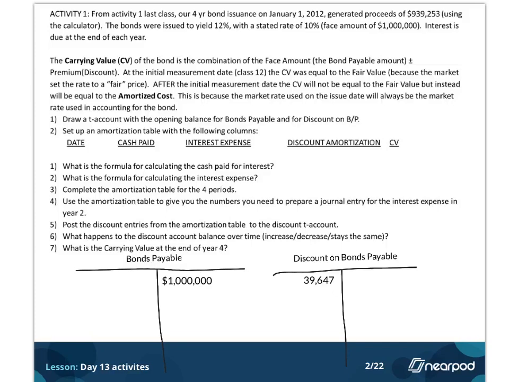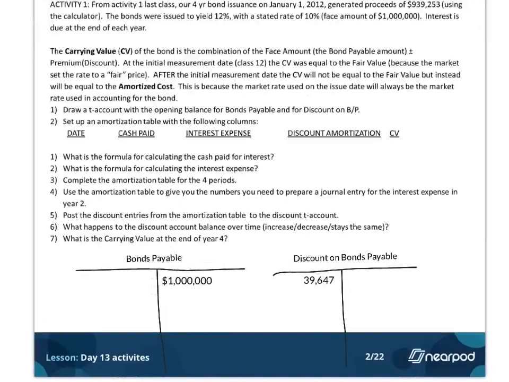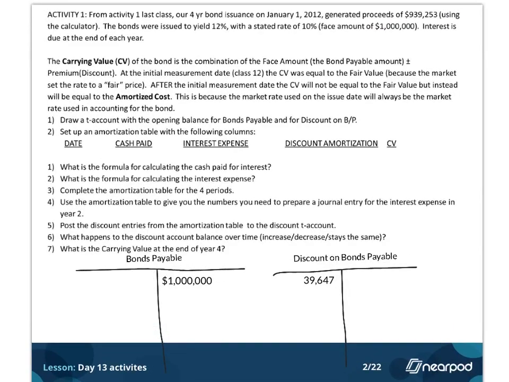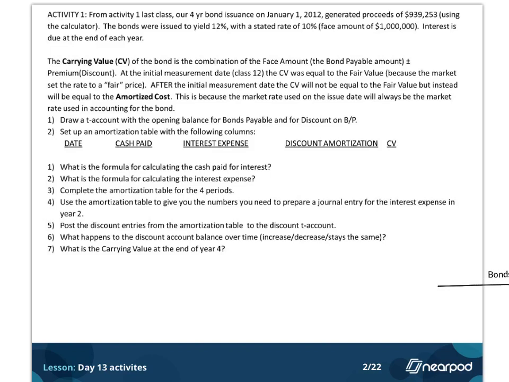The $1 million face amount and the $939,253 issue price. That's where that discount comes from. It's the difference. So those are our T accounts. We'll come back to those in a moment.